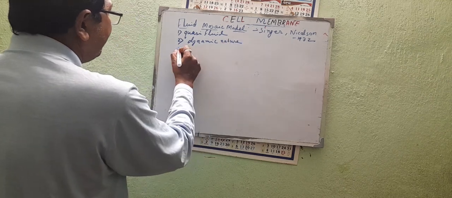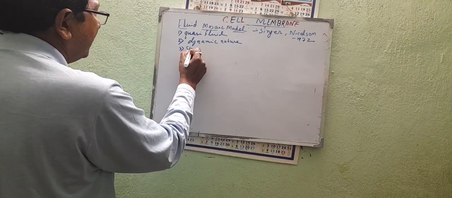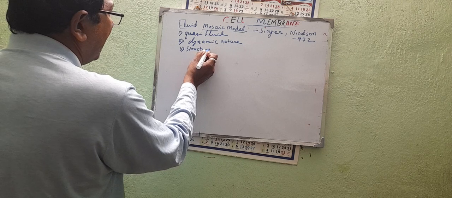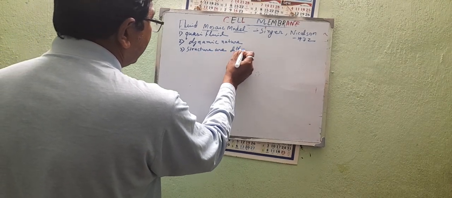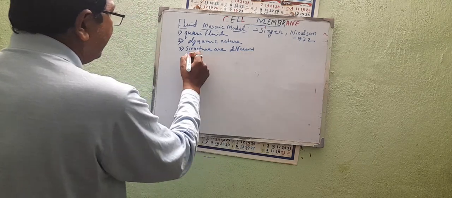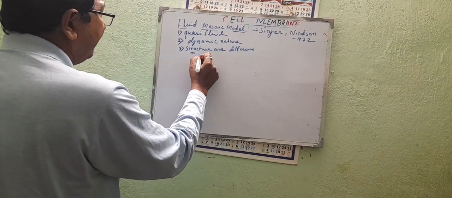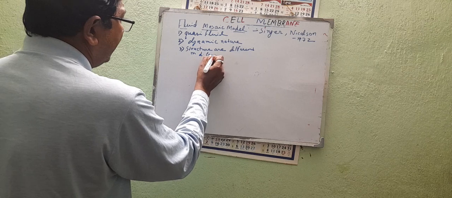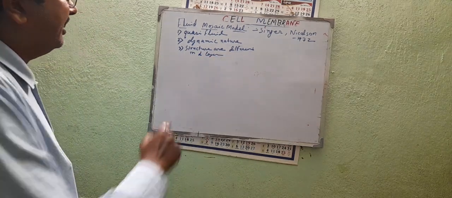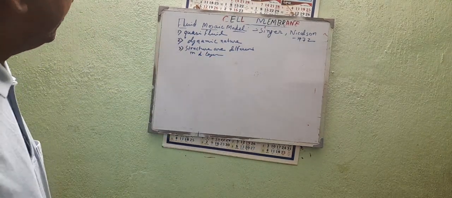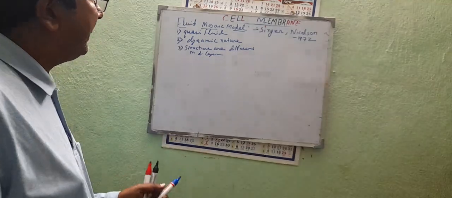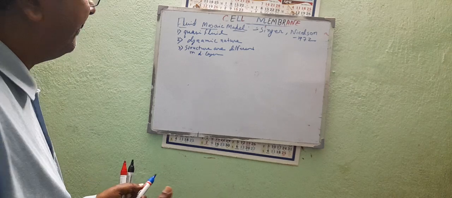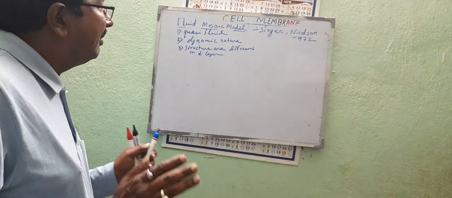Number three, the structure is different in different layers. Different layers have different structure. These are the properties of the fluid mosaic model: quasi fluid nature of plasma membrane, dynamic nature, and structural difference in different layers of plasma membrane.